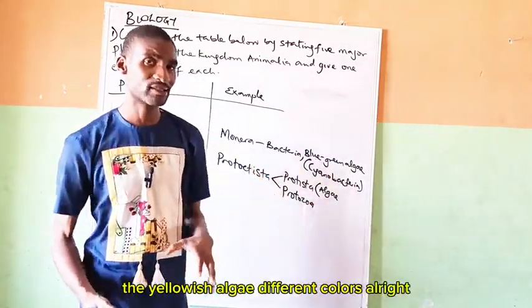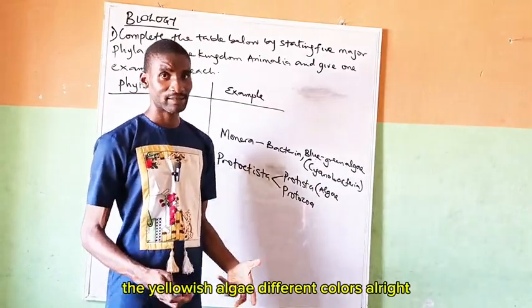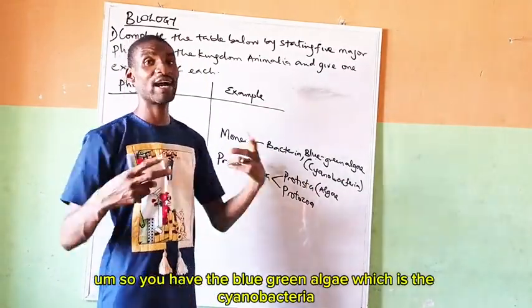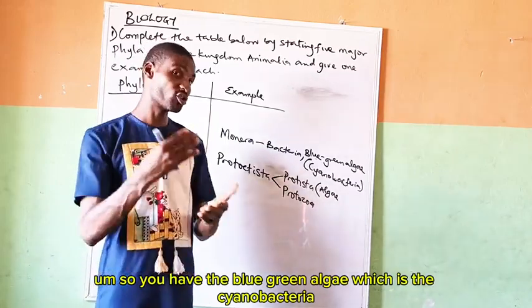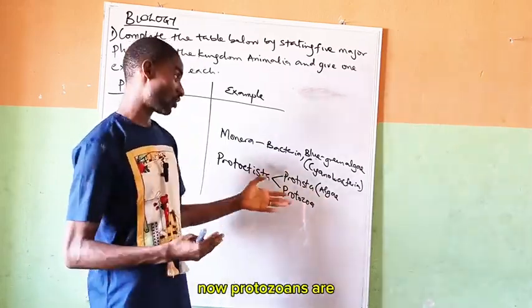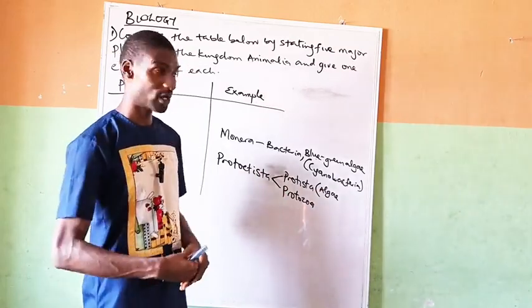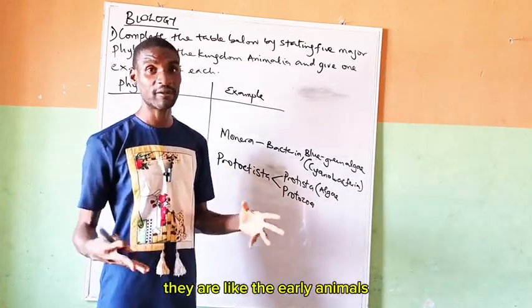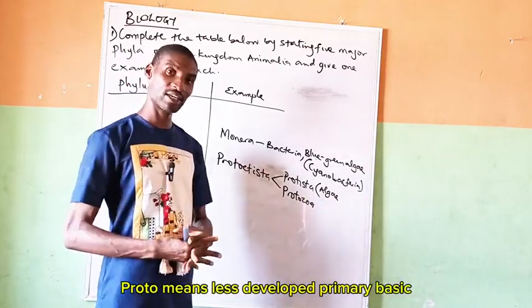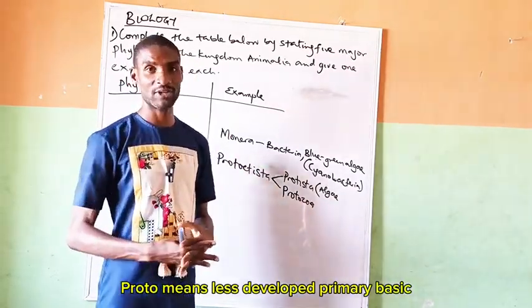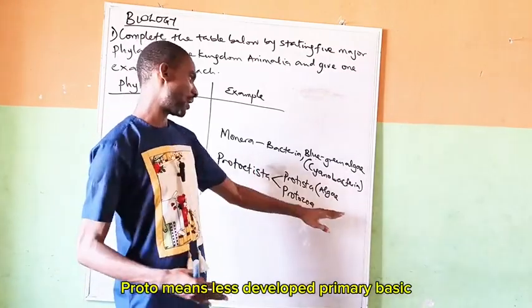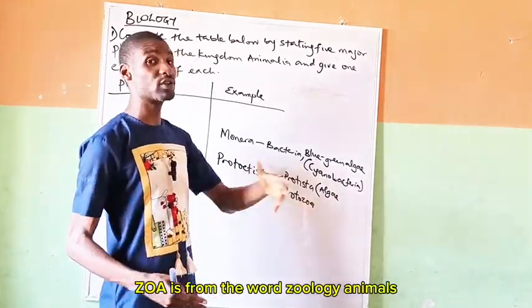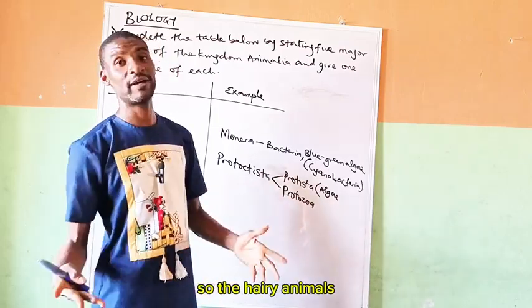They are not true plants, but they look like plants. They have pigments. You have the green algae, which is called the Chlorophyta. You have the red algae, Rhodophyta. You have the brown algae, and the yellowish algae, different colors. You have the blue-green algae, which is the Cyanophyta.